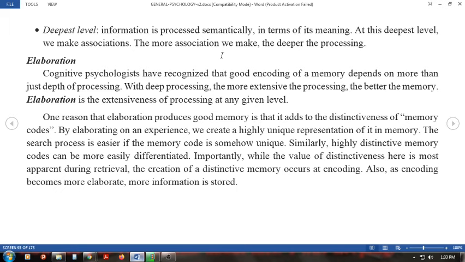Meaning, kabalo na ka sa application. And that's the deepest level of processing information. Knowing the meaning and then knowing the application. You associate things with the things that you have read.